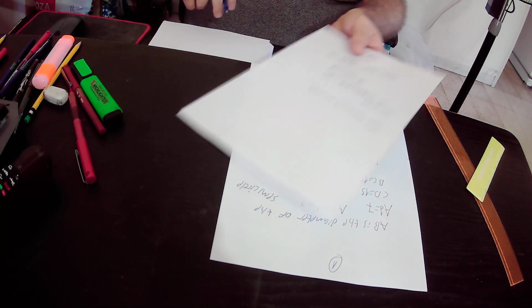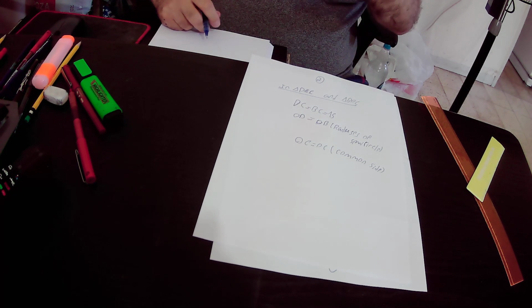So we found that 3 sides of the green triangle are equal to 3 sides of the orange triangle.